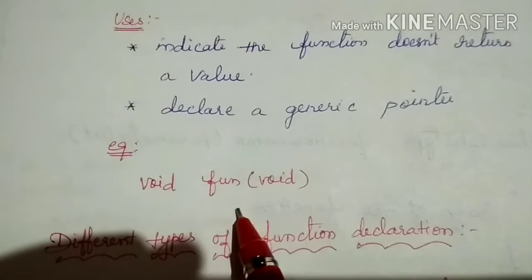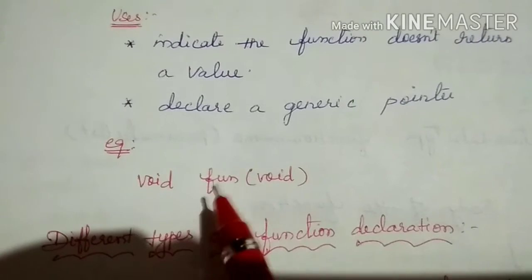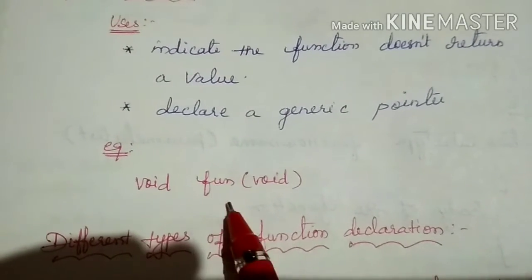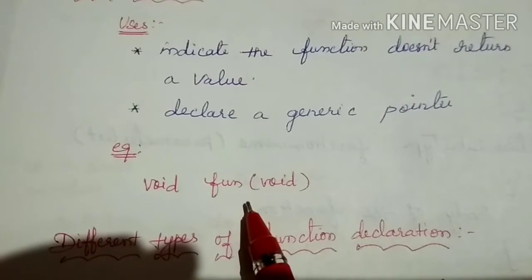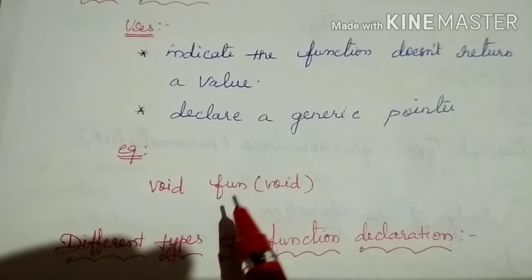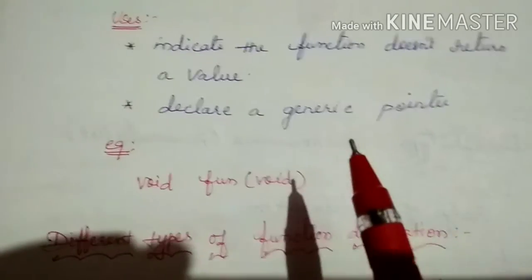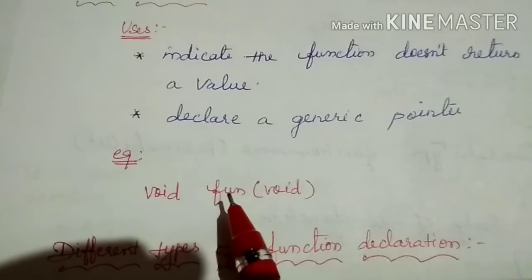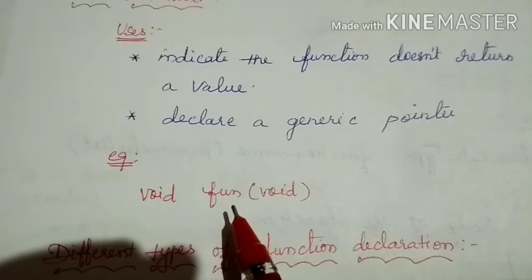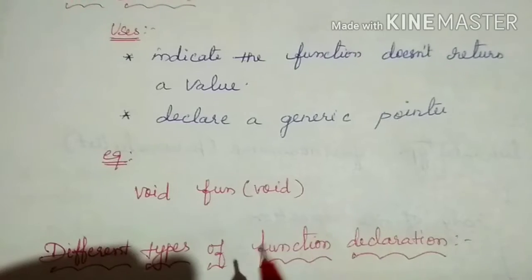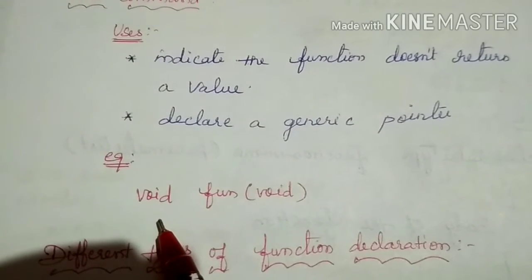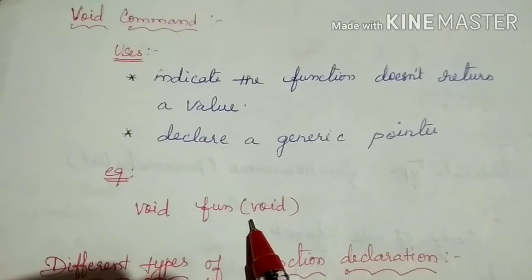This function prototype tells the compiler the function fun, this is the function name, which neither receives a value from the calling program nor returns a value to the calling program. This is the example for the void command.